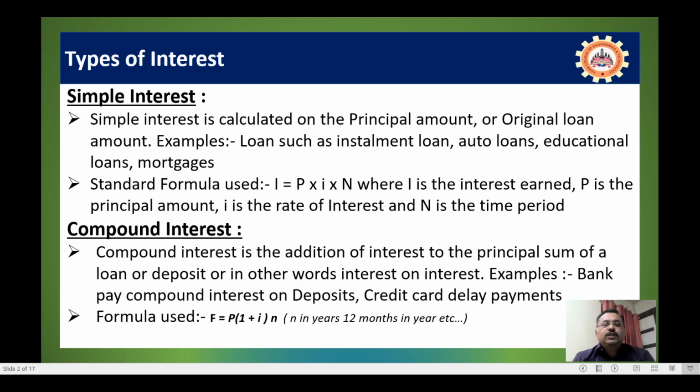The formula used for simple interest is capital I equals P into i into n, that is, PIN.